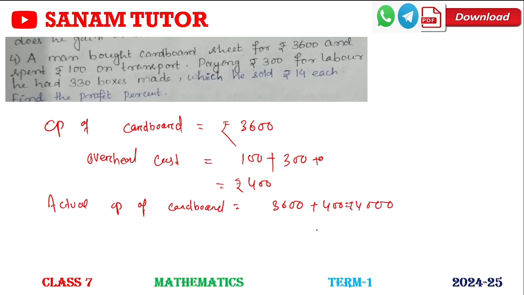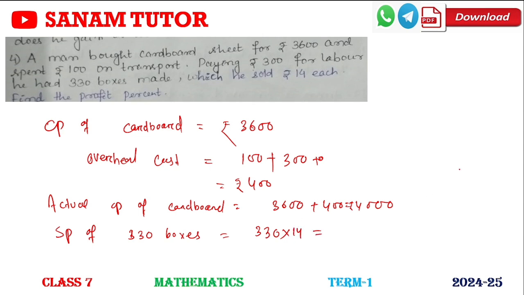Yes or no? So now he had 330 boxes made, which are sold at 14 each. So write down SP of 330 boxes equal to 330 into 1 box price, that is 14 rupees.